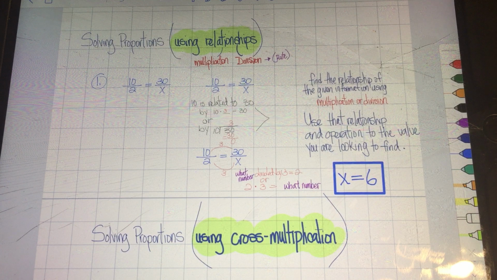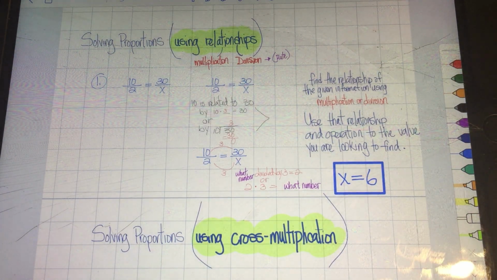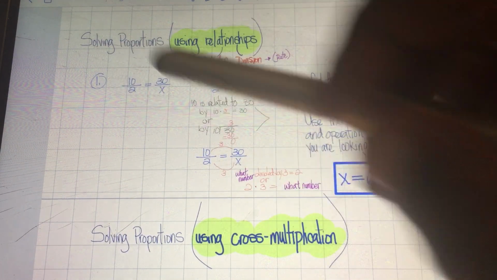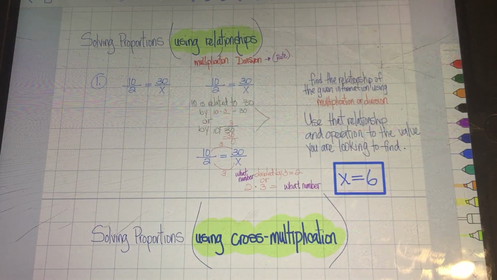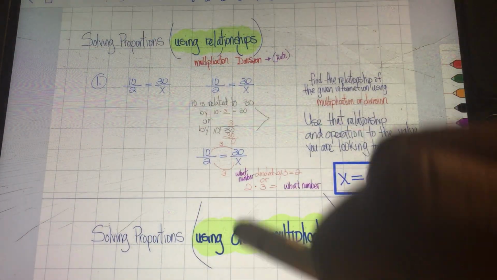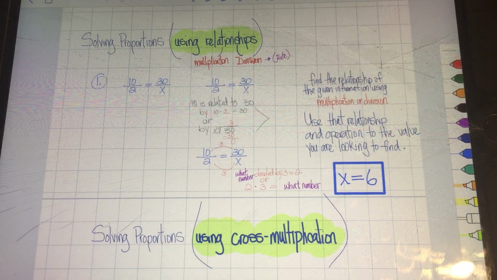So here we're talking again about solving our proportions. And in this problem, we're going to use relationships. What is the relationship taking place with the information that is given? We know we have an unknown value in our denominator, and in our numerators, we have two values that we are saying is proportional.